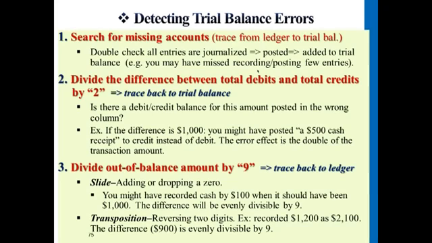Okay, but at the end, for small businesses that are not really using the applications as much, you will still have these types of errors: posting the numbers to the wrong side, or another type of error, using the wrong accounts. So those are even harder to trace. Okay, if you use the wrong account, it should have been sales revenue, but you posted under service revenue.